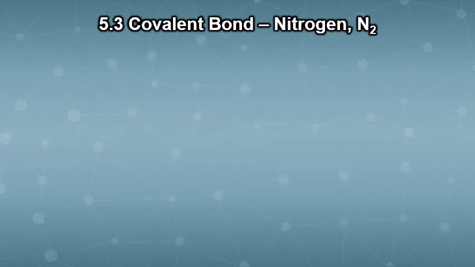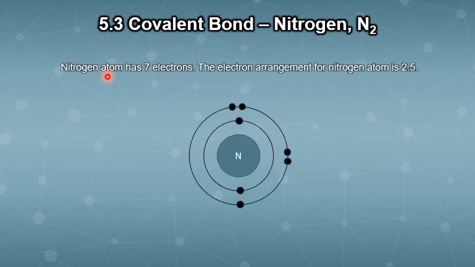Now this is the example for a triple covalent bond. For the nitrogen atom, it has 7 electrons. The electron arrangement for a nitrogen atom is 2.5, so 2.5 means 5 valence electrons here, 1 2 3 4 and 5.